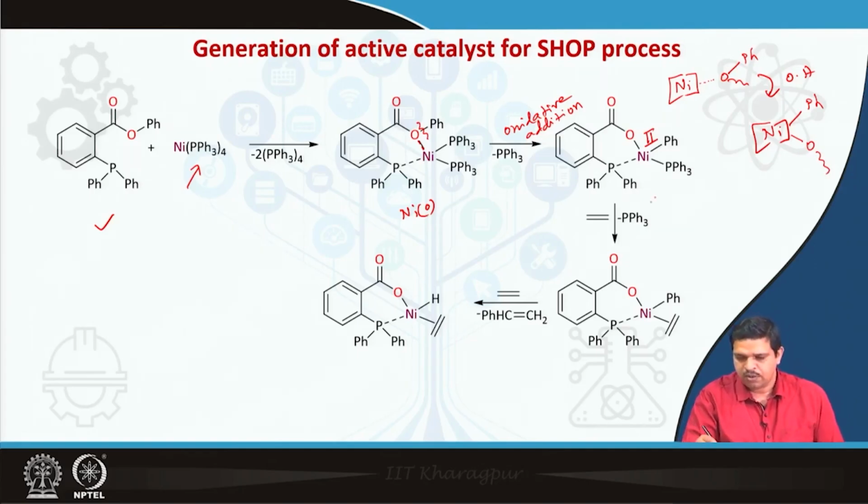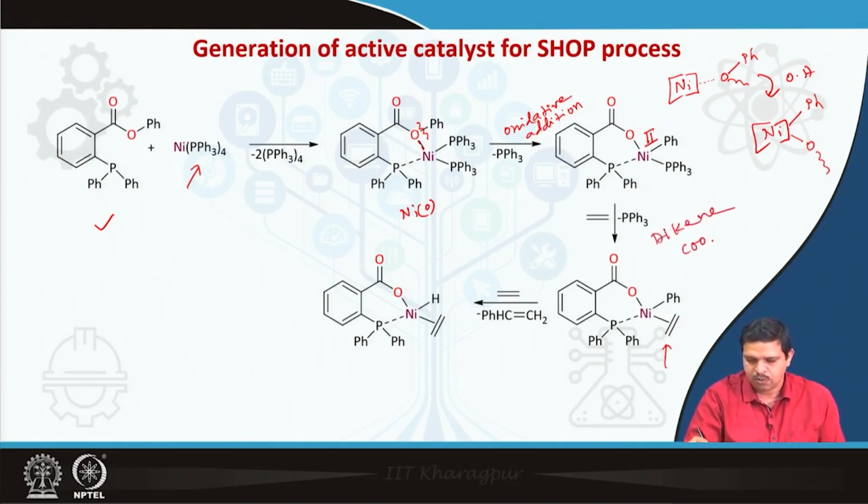Now another PPh3 is coming out. So you get the vacant position here, so it becomes coordinatively unsaturated, and then the alkene is coordinated here. So basically the PPh3 comes out and the alkene coordinates. Okay, very simple to understand.